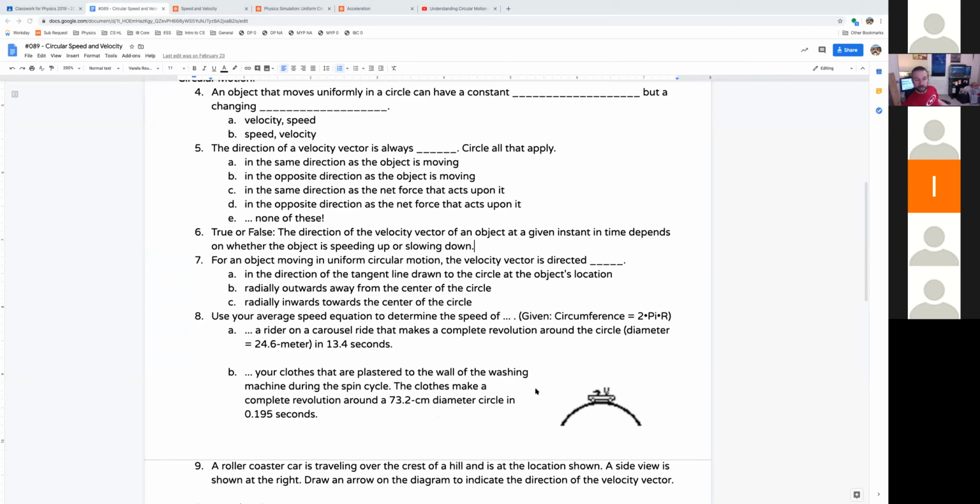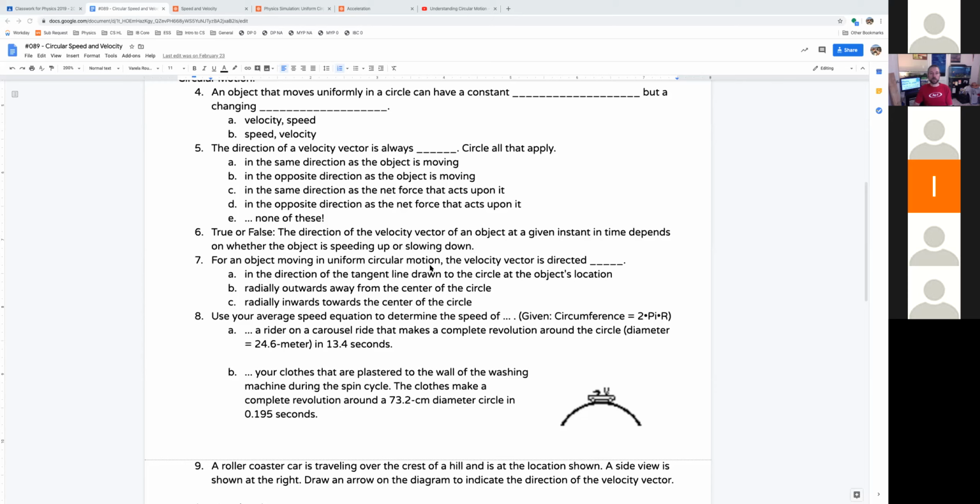The direction of that velocity vector. False. Yep. Well, I had the answer right, wrong explanation. That's why I don't like true false questions, because you've got a 50-50 shot and it doesn't actually tell us anything. But anyway, yeah, that is false.